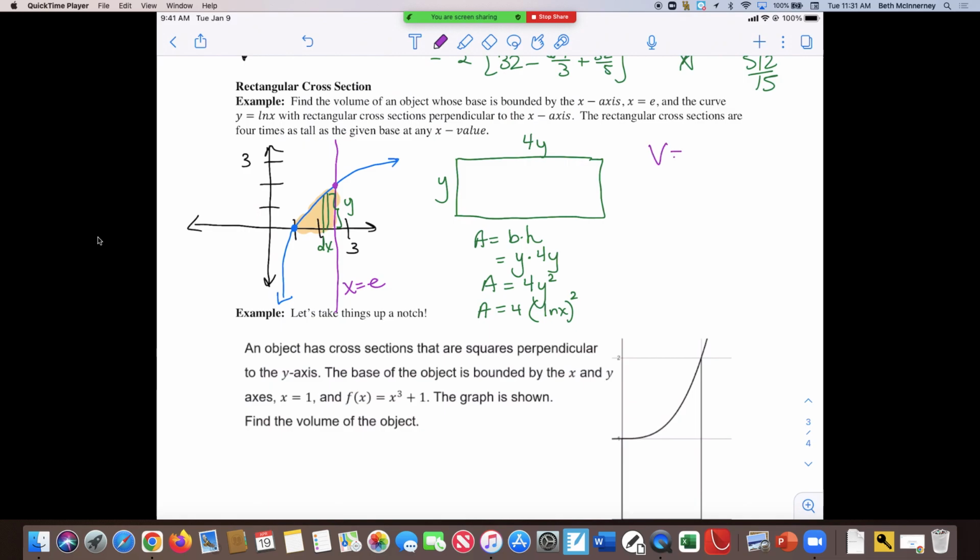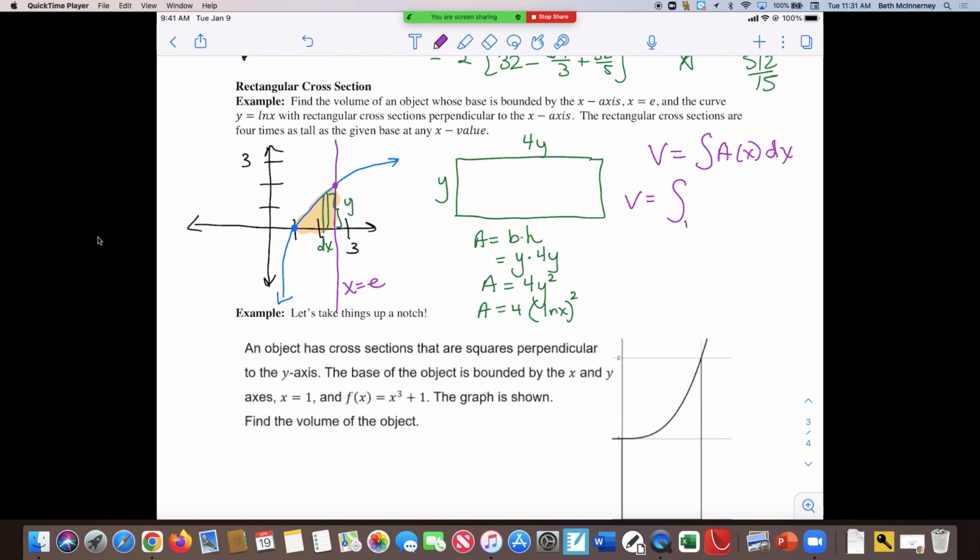And what we learned yesterday is that volume is equal to the integral of the area times dx. This is when you are doing a cross-section, volume by cross-section. So let's plug in what we know. What would be my limits of integration?